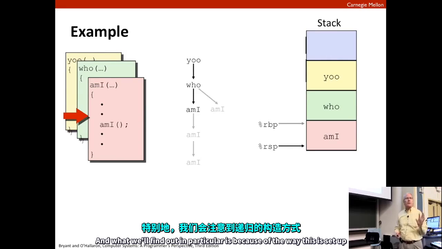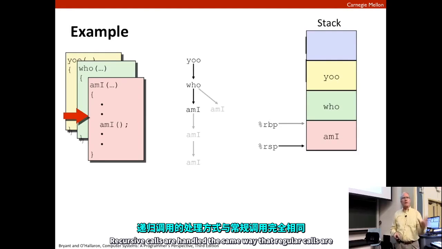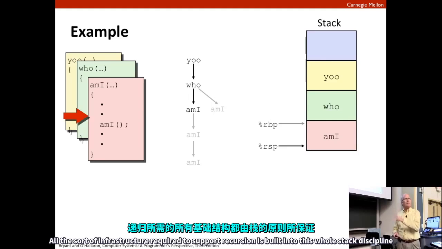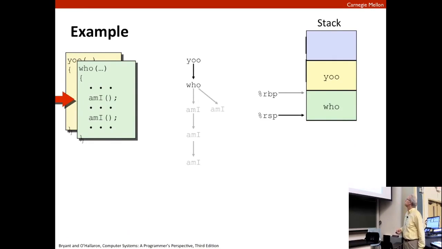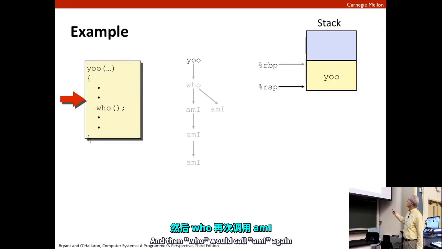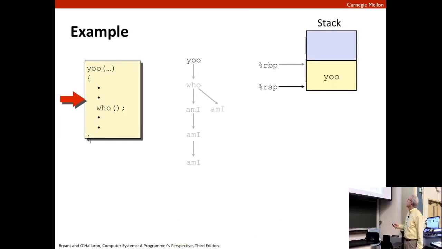What we'll find out in particular is, because of the way this is set up, recursive calls are handled the same way that regular calls are. There's nothing special about them. All the infrastructure required to support recursion is built into this whole stack discipline. So anyways, imagine that all these calls return back to who, and then who would call MI again. And then again, as we exit, we're deallocating these stack frames and getting back to the starting point.